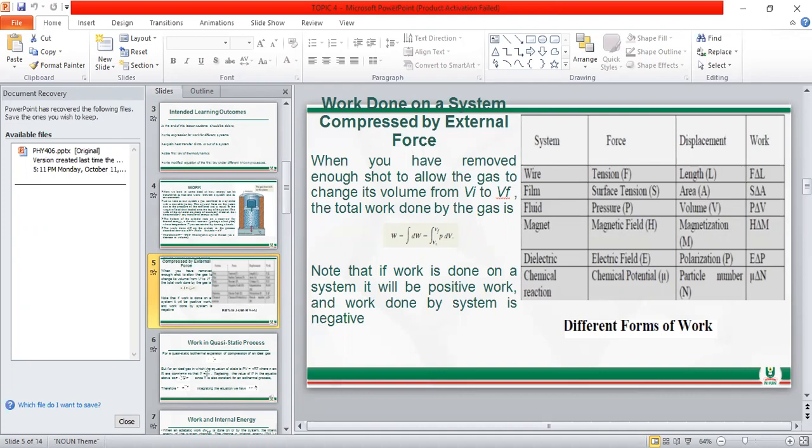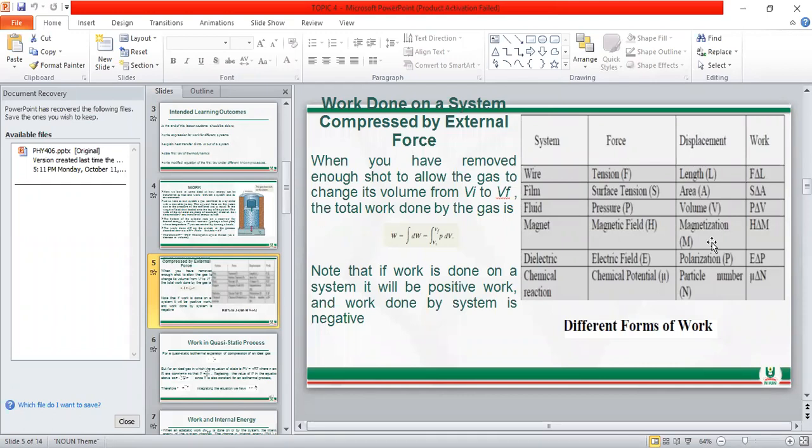Work done is a product of the force times the distance covered. So that's why you have the representative of the force and the representative of the distance or the displacement, as the case may be.